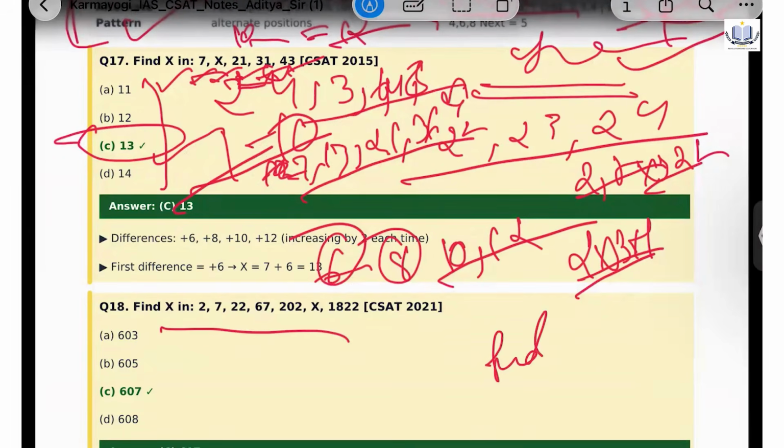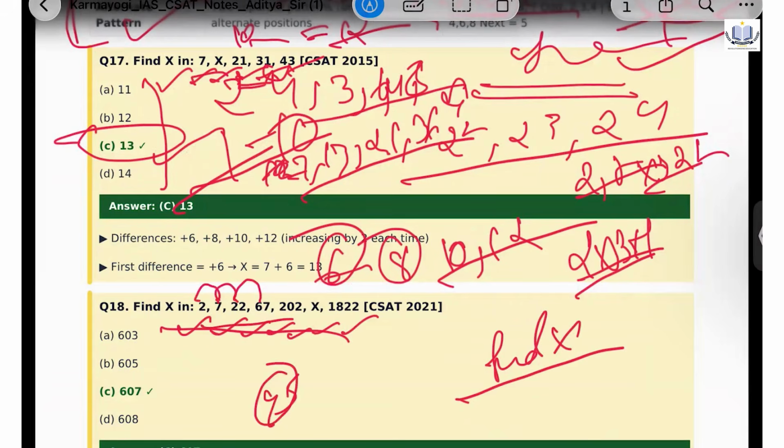Now we have to find x in 2, 7, 22, 67, 202, x, 1822. Let's see. माइनस में देखते हैं: 7 minus 2 is 5, 22 minus 7 is 15, 67 minus 22 equal to 45. कुछ पैटर्न बन नहीं रहा है. एडिशन में देखिए तो +5, +15, +45, again no pattern. Let's see some other, multiplication, subtraction, addition. मल्टीप्लिकेशन में we'll see 2, 7, 22.